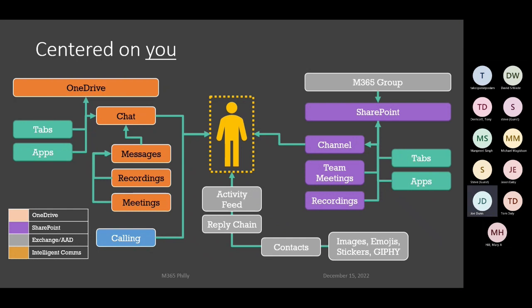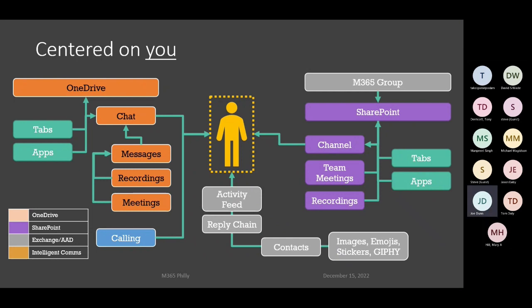If it's for the team side of things, whether you're in a channel, sharing files in a channel, or having a meeting in a channel, that's going to be based in SharePoint, the SharePoint that's part of the Microsoft 365 group that makes your team work.